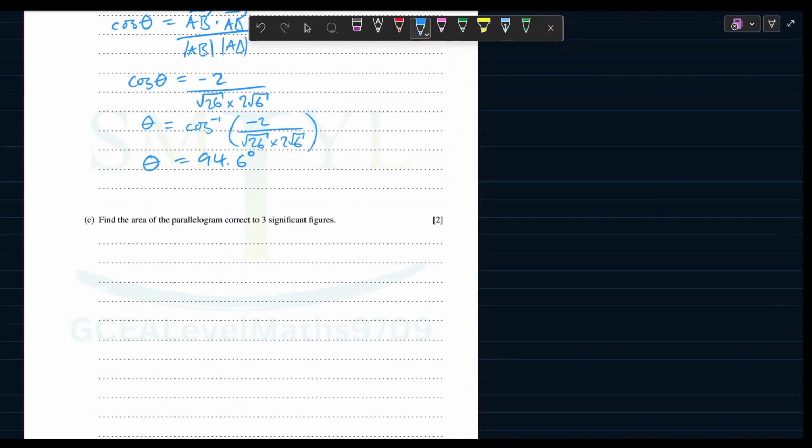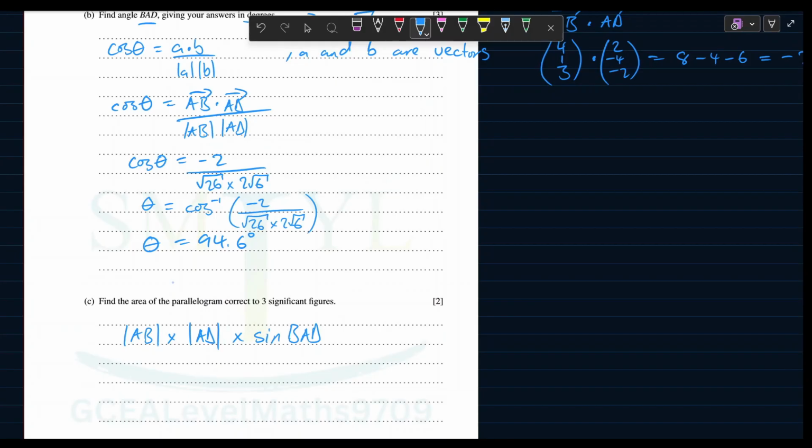So it's the magnitude of AB times the magnitude of AD times sine of our angle BAD. The magnitude of AB times AD is root 26 times 2 root 6, times sine.